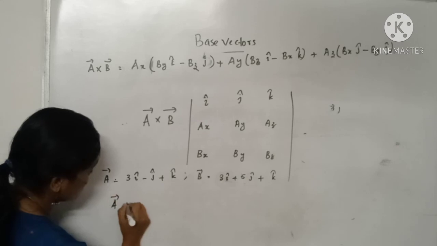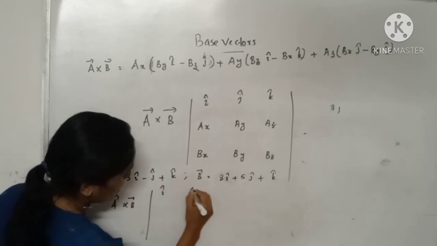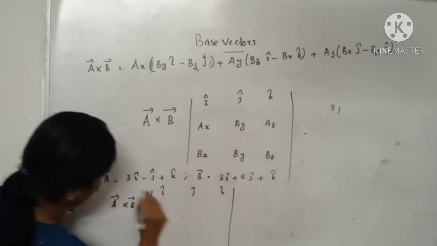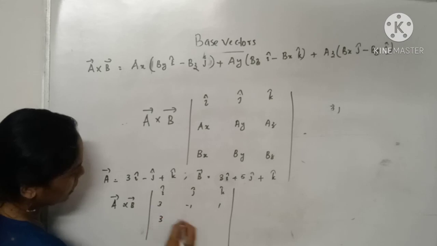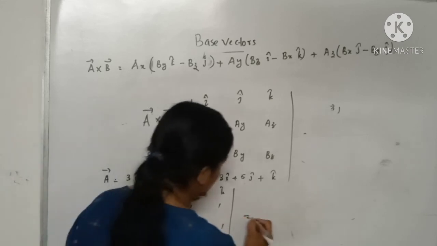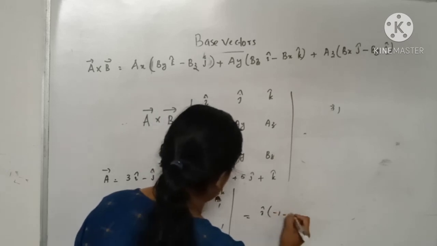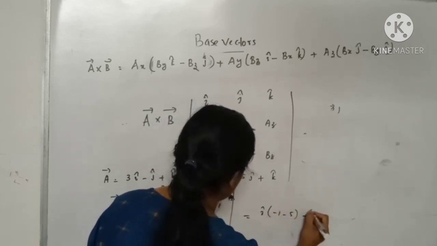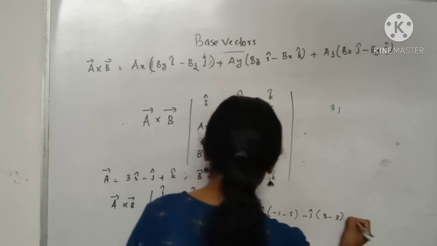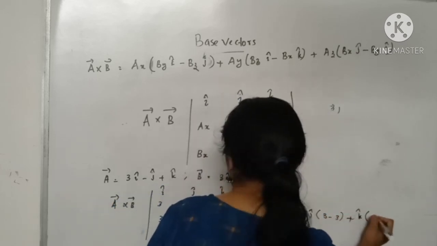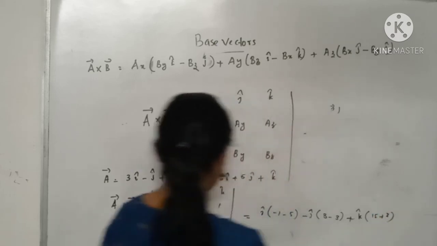To find cross product, you have to find the determinant. Combine: i j k, 3 minus 1 1, 3 5 1. So to find the determinant: i cap into minus 1 minus 5, minus j cap into 3 minus 3, plus k cap into 15 plus 3.